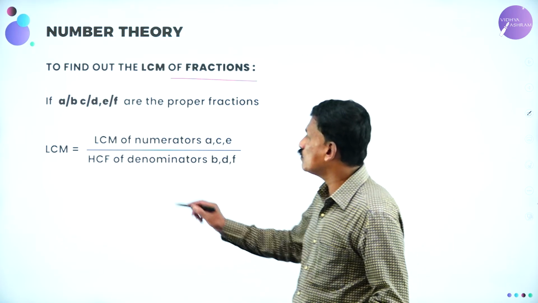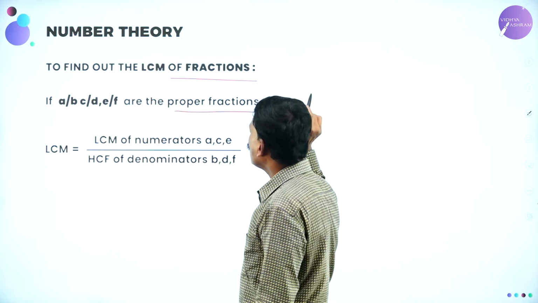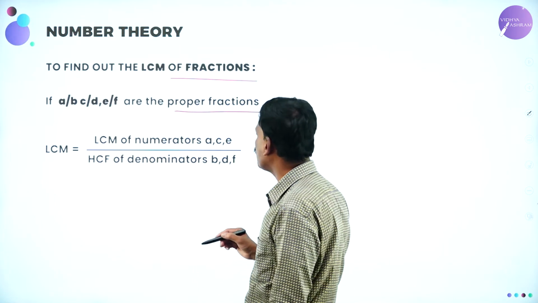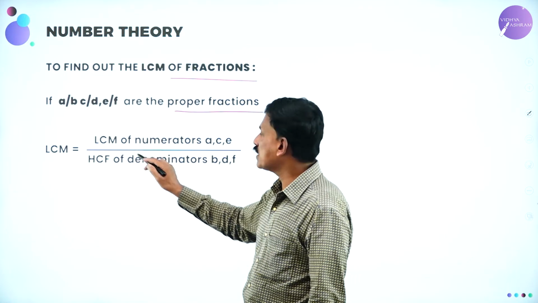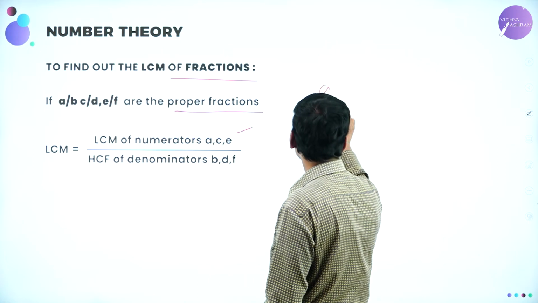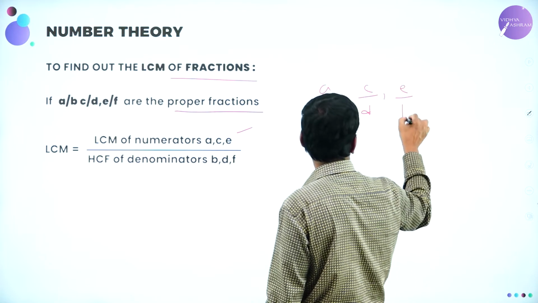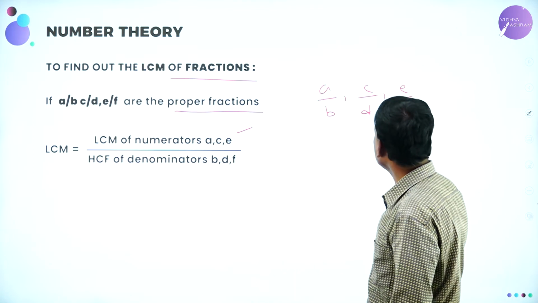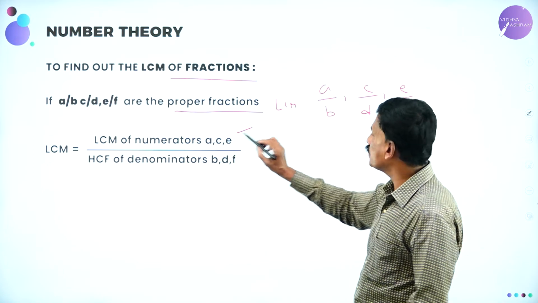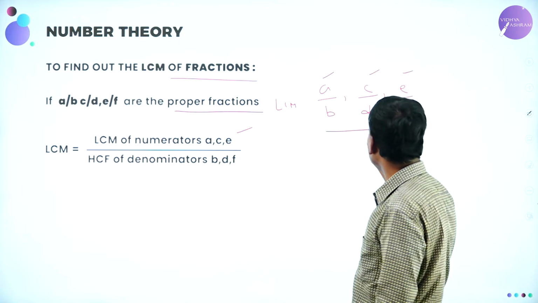To find the LCM of numbers like A by B, C by D and E by F, if they are proper fractions, then the LCM of these fractions is given by the LCM of the numerators A, C, E divided by the HCF of the denominators B, D, F.